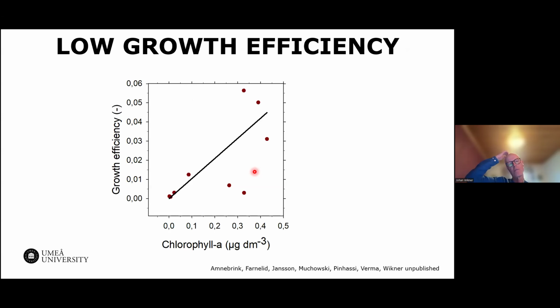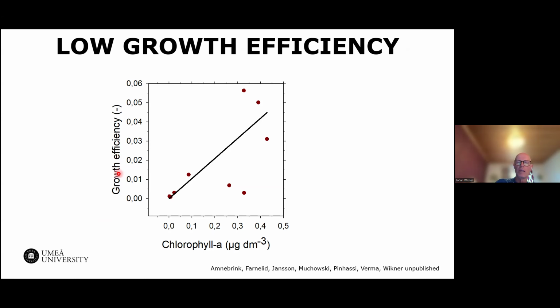By measuring the respiration by prokaryotes, we could also determine the growth efficiency and find the statistical relationship with chlorophyll A and also the prokaryotic growth rate itself. But primarily, you can see on the y-axis here that they are really low, less than 0.1% to about 5.5%. These are really low values, and recent reports have used about 10 times higher values, which is common in other sea areas.